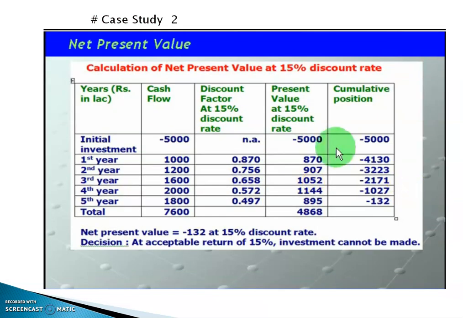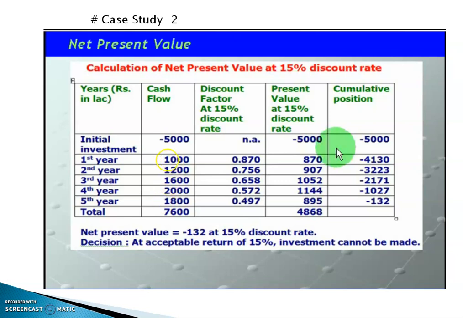In case study 2, the problem is the same. The initial investment is 5,000 and the cash flows are similar to the first case study: 1,000, 1,200, 1,600, 2,000 and 1,800.